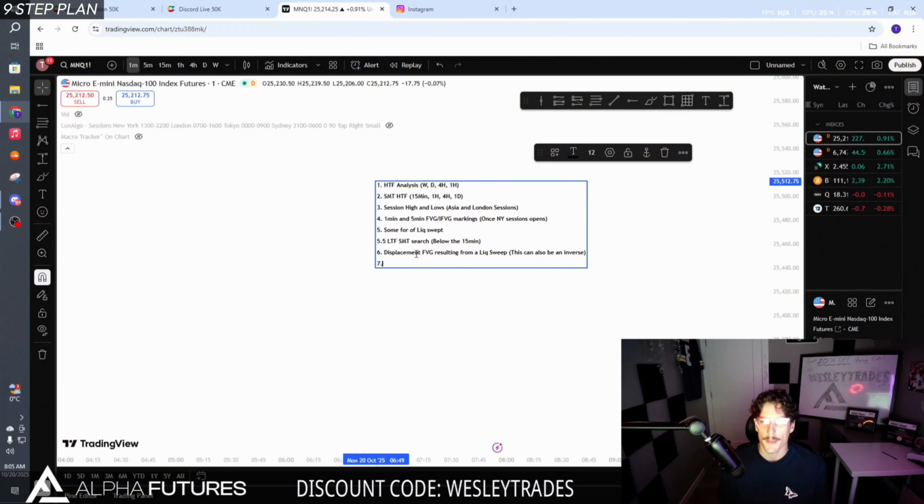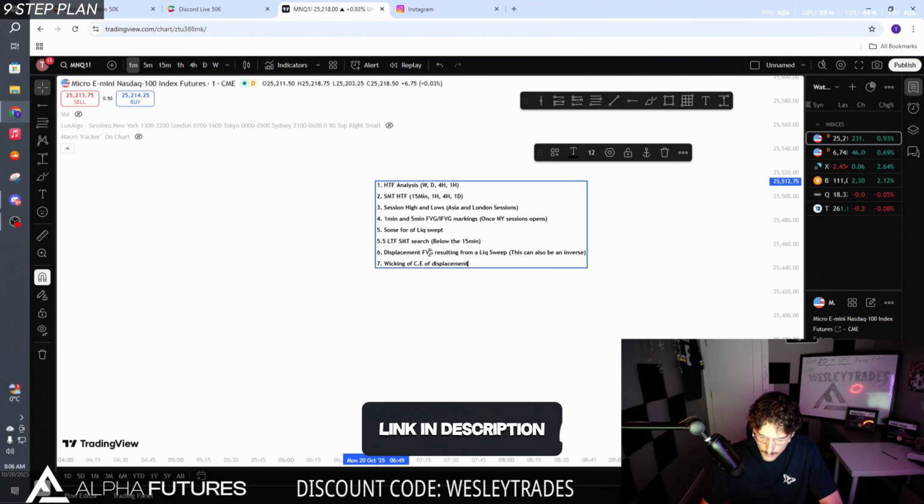Now, from that fair value gap, after we make that displacement fair value gap resulting from a liquidity sweep, we're going to look for wicking of CE of displacement fair value gap.